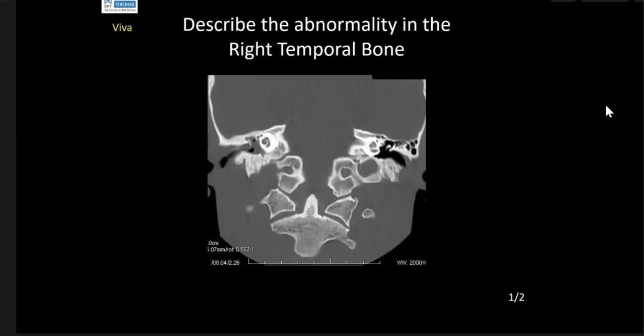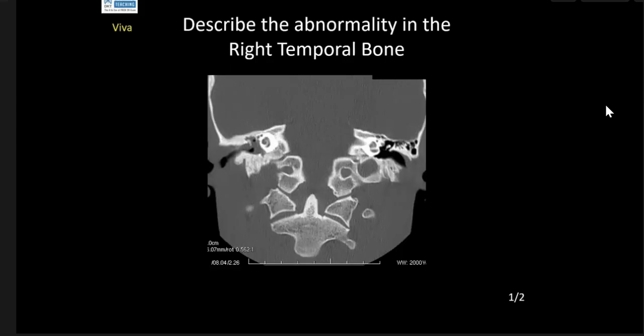Okay. There is opacification of the middle ear space. I could not appreciate the ossicles as I can see them on the left side. There is erosion of the scutum. It also looks like the tegmen tympani, which is the superolateral part, is slightly sclerotic compared to the left side.